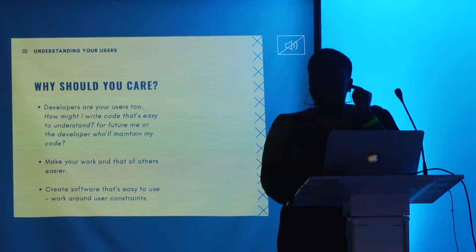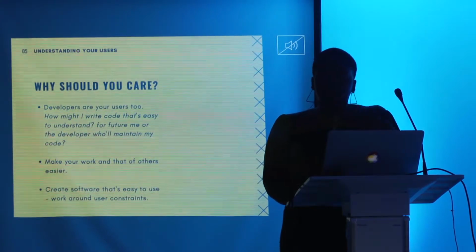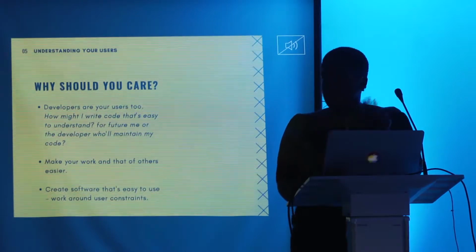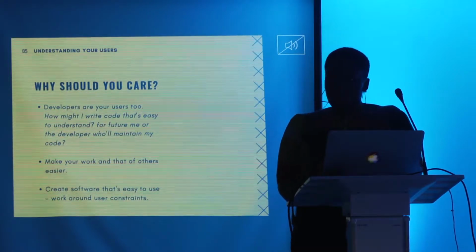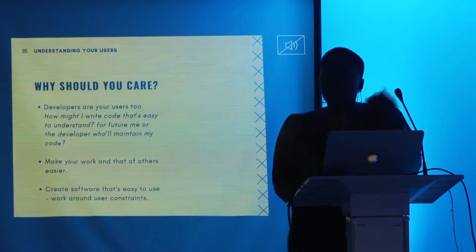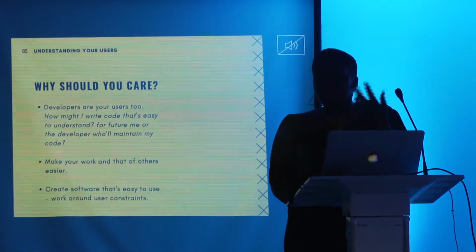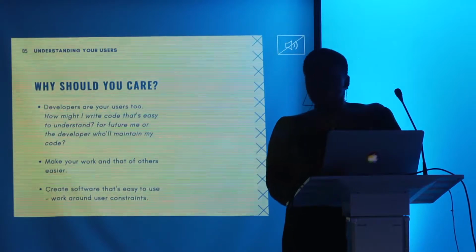Also, as a developer, you are also your user. There's a phrase that comes up a lot in product design, which is, you are not your user. But as a developer that writes code, you use your code. You always go back to your code, right? Somebody else on your team might need to maintain that code base, so think about how you can do this so that when you come back in a month, in 3 months, when you need to change something, you understand what this is, or the person coming after you can see it and make sense of it.